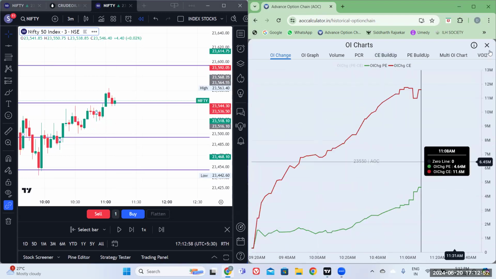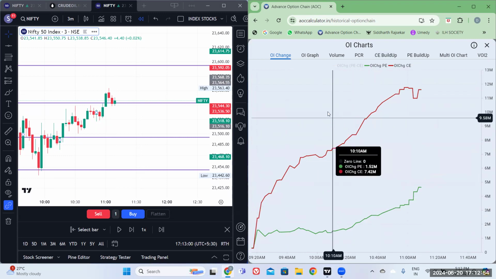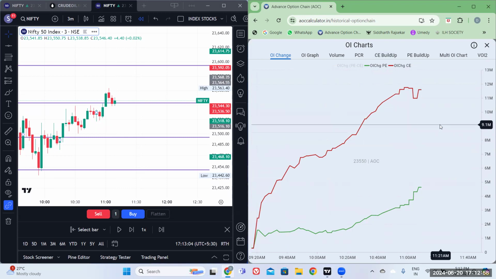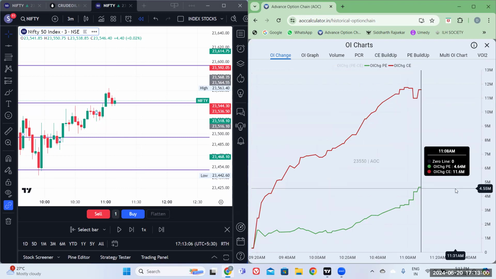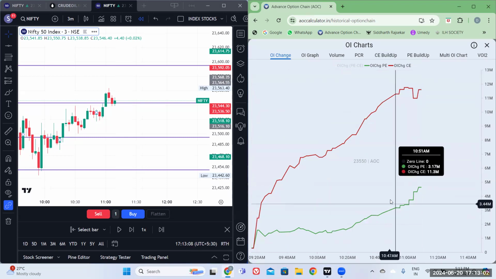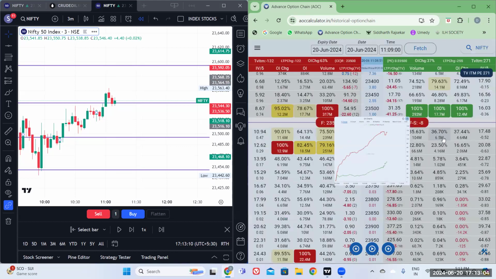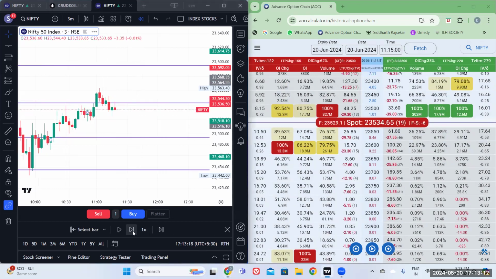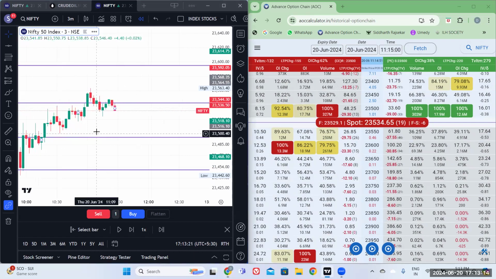If both are parallel, both going up, or both going flat, it is all okay. Both coming down, or one coming down drastically while the other goes up, is not a situation which I would like to trade. Now the price was hanging around there, and the stop loss would be here.